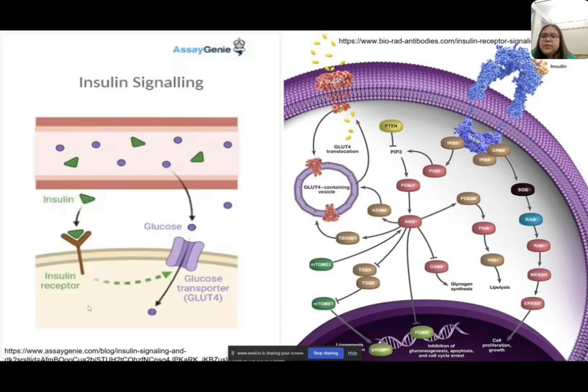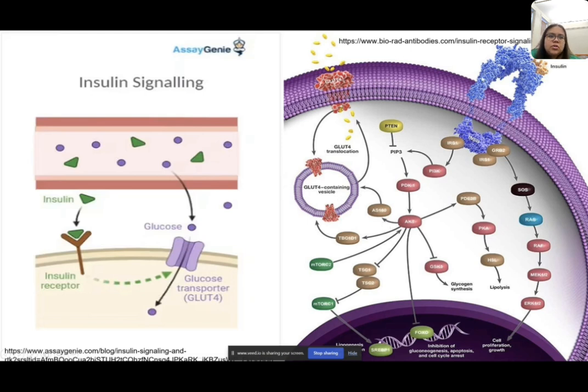This is a very simplified version of it, but it's similar to the previous picture. Insulin would bind to the receptor, would get inside the cell membrane, and then glucose would leave the bloodstream to go inside the cell and regulate blood glucose levels.